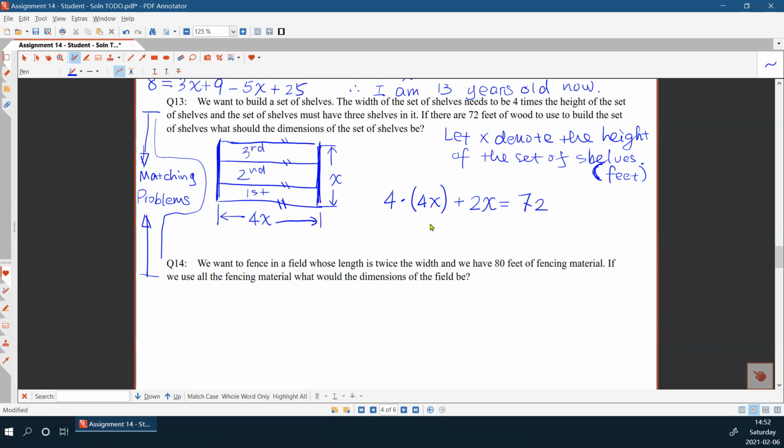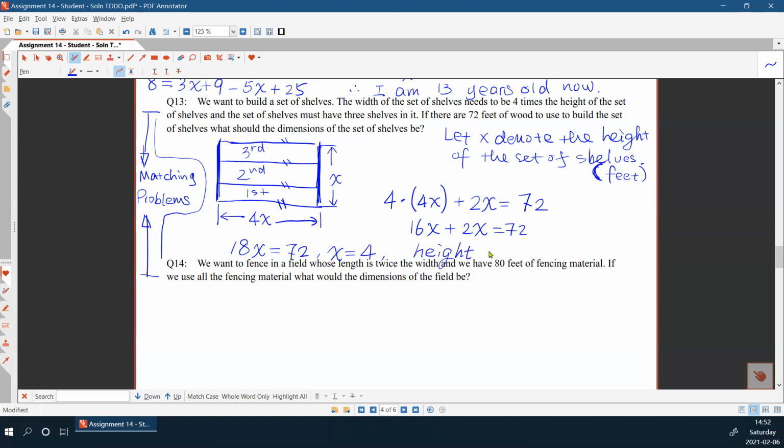Okay, so next, let's expand all x's, which will have 16x plus 2x equals 72, right? And this gives us 18x equals 72. That means x is 4. Okay, x is the height, so that means we can make a conclusion that, okay, I'll briefly write the conclusions here, okay?